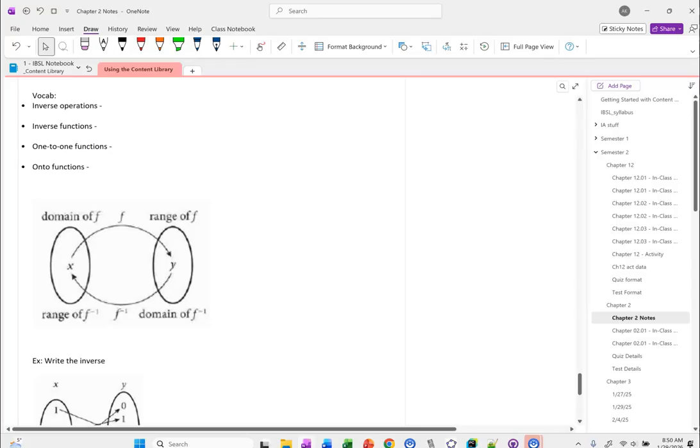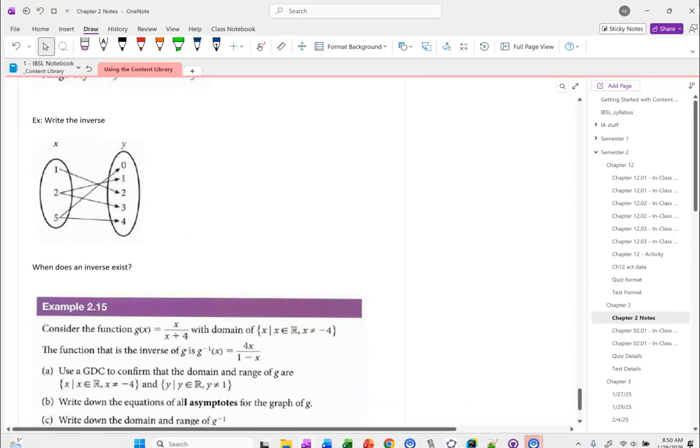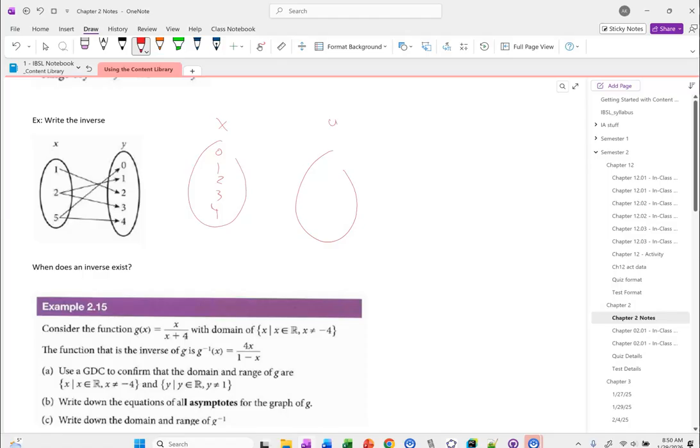All right, last thing we want to talk about are inverses. What does an inverse do? Undoes a function, right? It just returns back. So if I have a mapping diagram, how do I write its inverse? Well, I just swap the x and y's.